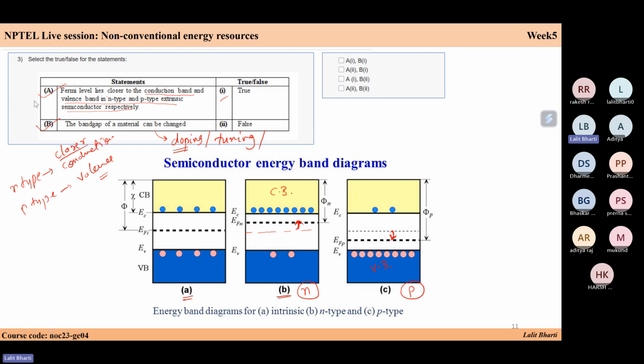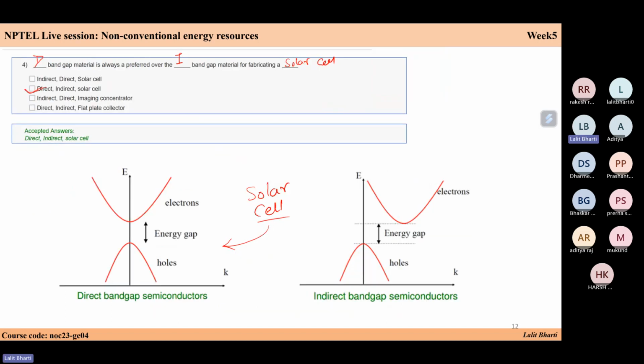For N-type and P-type doping, only your Fermi energy levels will move, but your band gap will remain intact. For the band gap, you need to tune the material itself, not just by doping. So your option 3 is that.